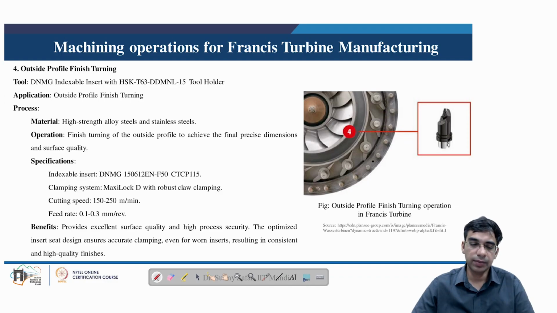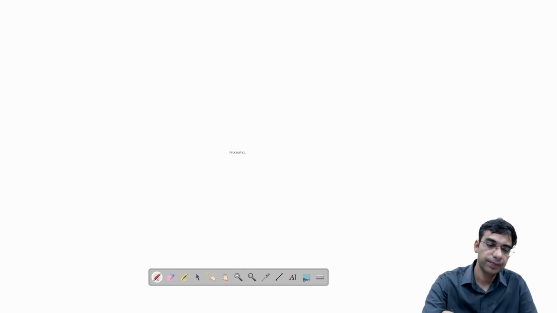Using the indexable insert and a robust claw clamping, a cutting speed of 150 to 215 meters per minute and a feed rate of 0.1 to 0.3 millimeters per revolution is utilized. The process offers excellent surface quality, process security, and the optimized seat ensures accurate clamping for the inserts and consistent high quality finishes during the machining process.